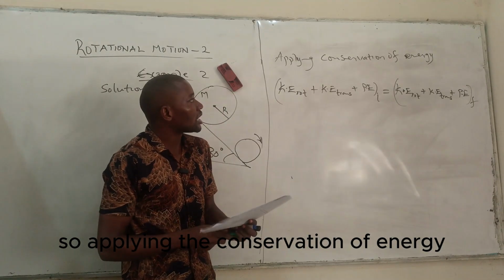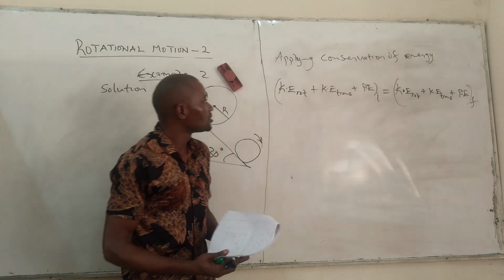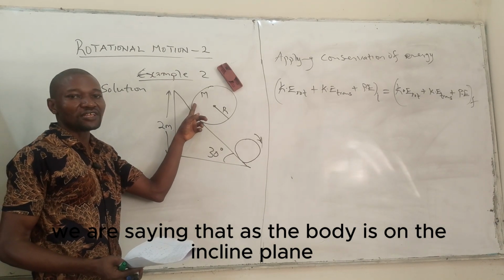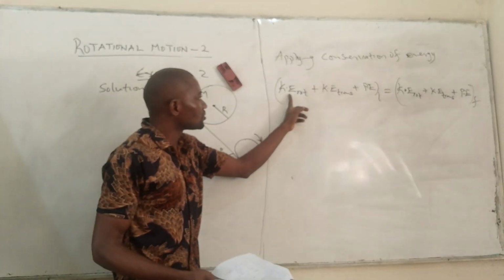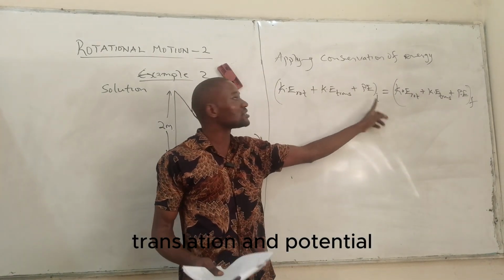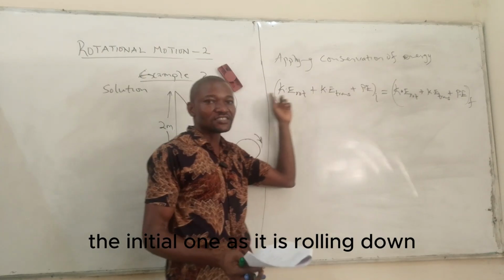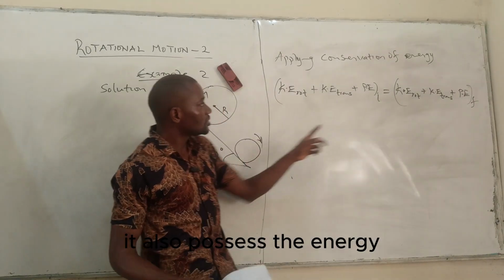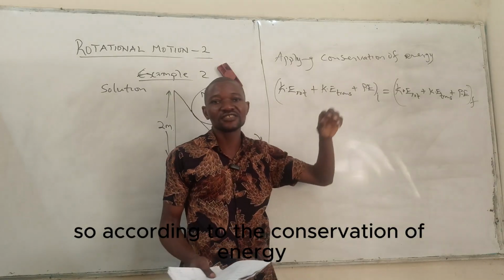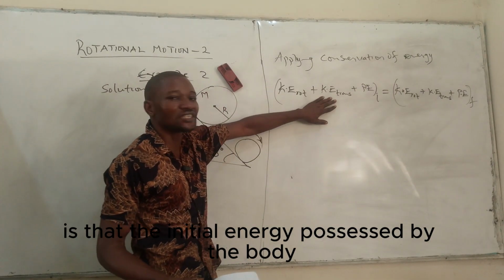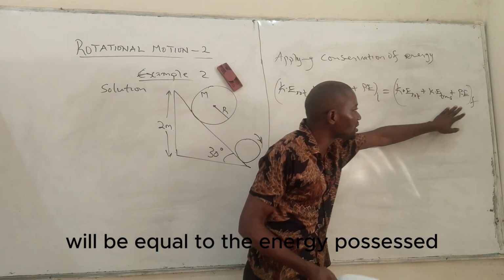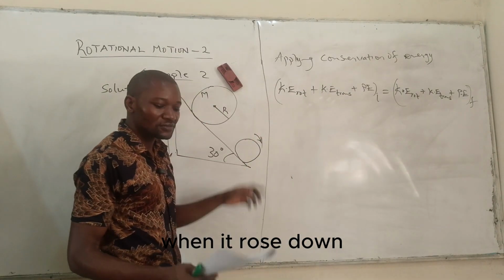So, applying the conservation of energy, we are saying that as the body is on the inclined plane, it has kinetic energy of rotation, translation, and potential, the initial one. As it is rolling down, it also possesses that energy. So according to the conservation of energy, the initial energy possessed by the body on the inclined plane will be equal to the energy possessed when it rolls down.